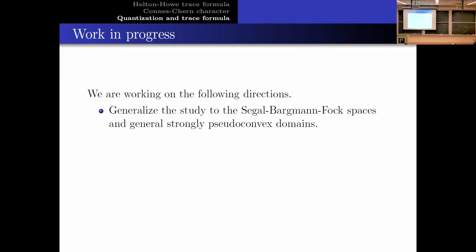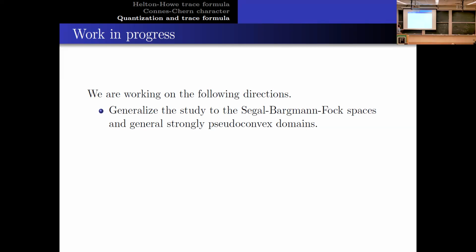It's the generalization of the balls using weighted Gaussian measures on the plane, or on high-dimensional space. Of course, the balls are special examples of strongly pseudo-convex domains.